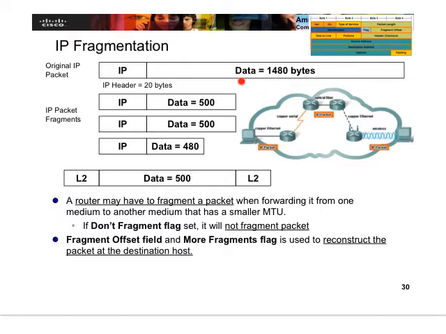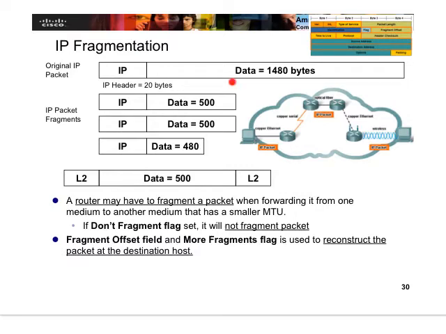I can fit a fragment of 1480 or 1500 in a maximum segment size which is more than 1500. It's like putting a volume of an object inside another tank which has a bigger volume. So that's possible, and I don't have to do anything special.